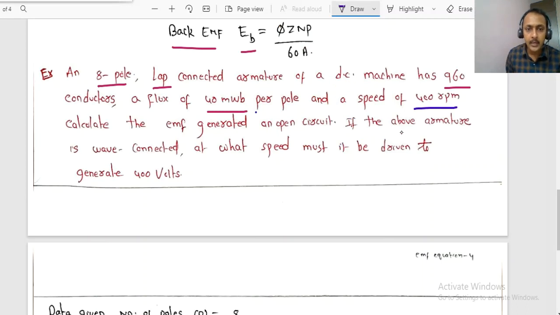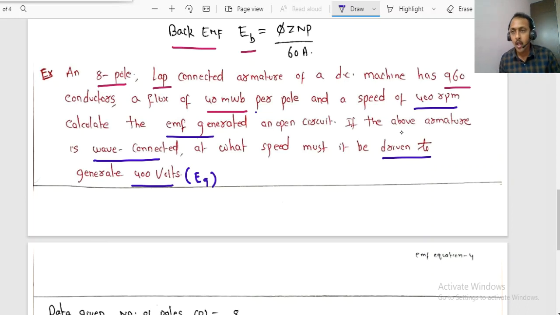Then calculate the EMF generated. And also if the same setup is having wave connected winding, then at what speed these conductors must be driven to generate a voltage of 400 volts. Clear? Now first let me write down the data given.